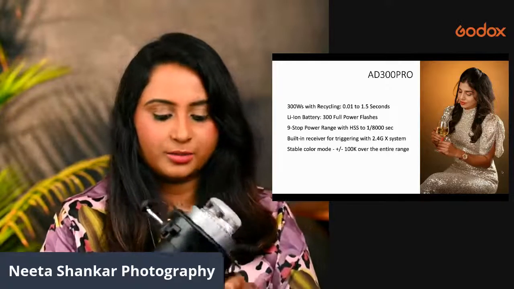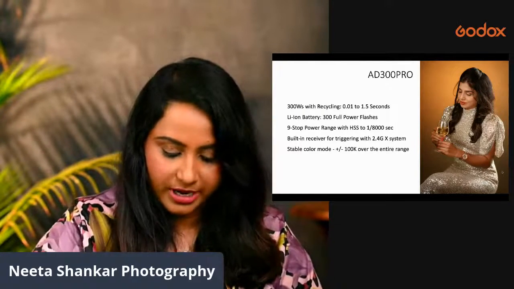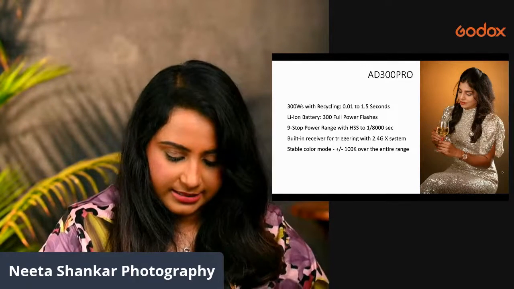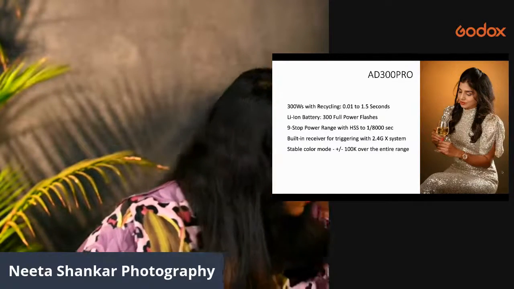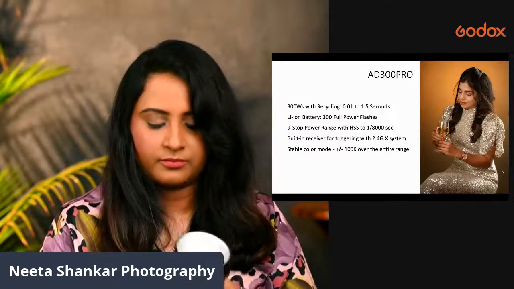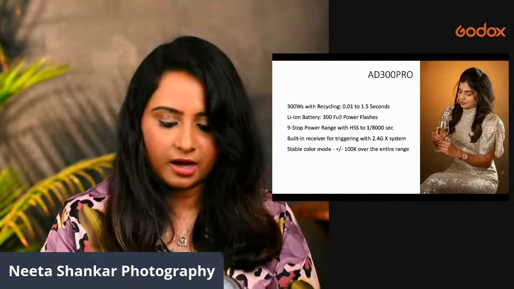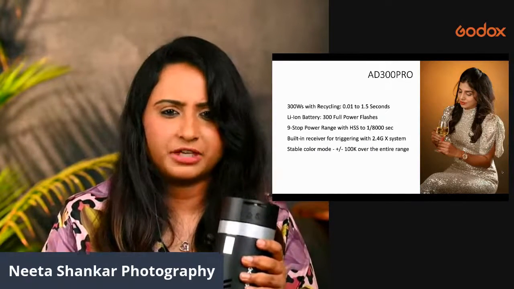I think it's like the most perfect compact size. Let me just remove this S bracket so that I can show you what the size is like. Okay, so this is the AD300 Pro. So you can see, if you look at it, it's not really as big as maybe a 70-200 lens.